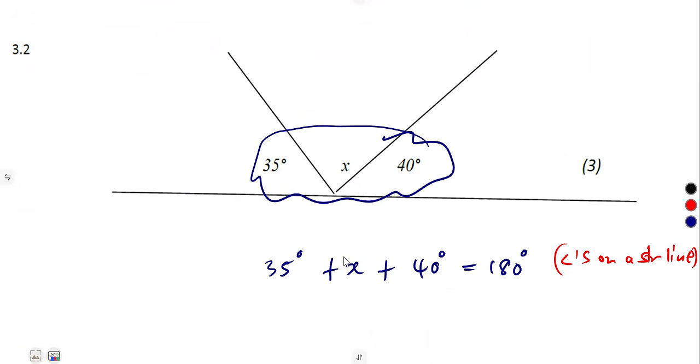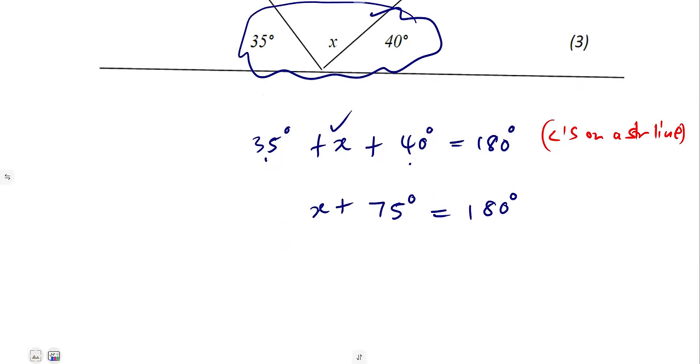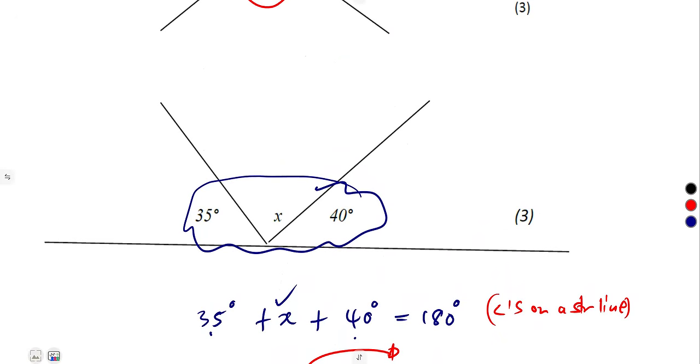All right, so you can solve x from there. x plus 35 plus 40, that's 75, equal to 180 degrees. So to solve for x, we can easily take it to the other side of the equation. So x is equal to 180 minus 75, or simply subtract 75 both sides of your equation. So that was going to give us 105.